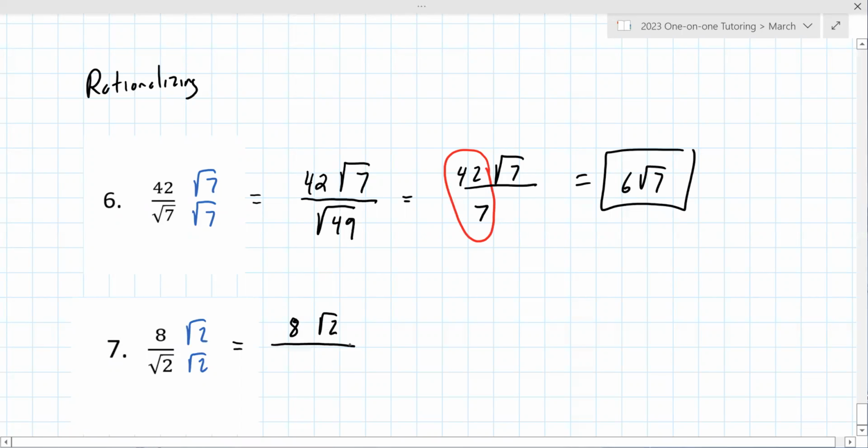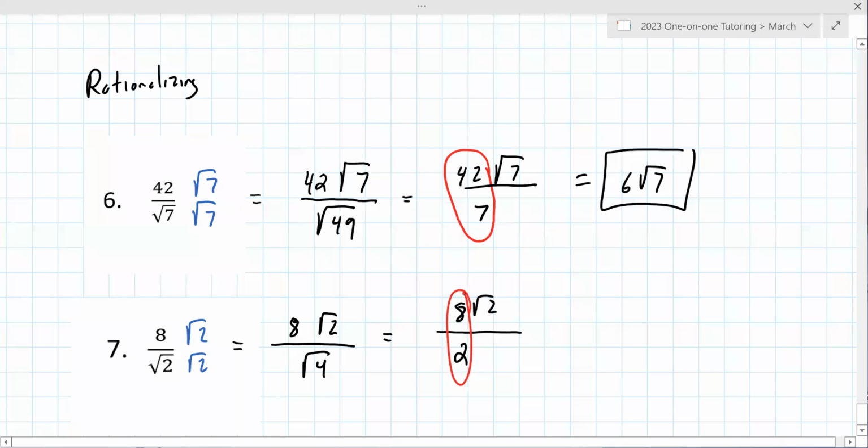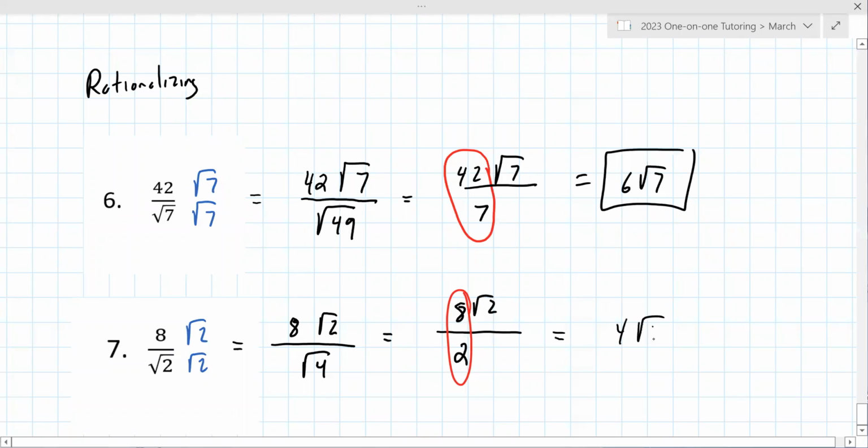But what does the denominator become? What's the square root of 2 times the square root of 2? 4. It's the square root of 4. And does that reduce? Yes, to 2. And just like the previous one here, you can divide. What is 8 divided by 2? 4. 4 square root 2.